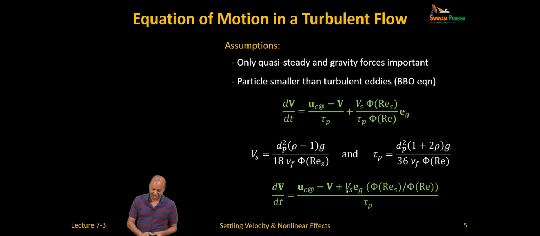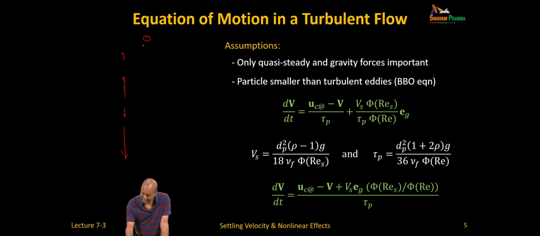Not quite. What I wanted to point out was, if you have a particle and let us say it is in a one-dimensional flow. Sometimes the fluid is going up slowly, sometimes fast, sometimes down.